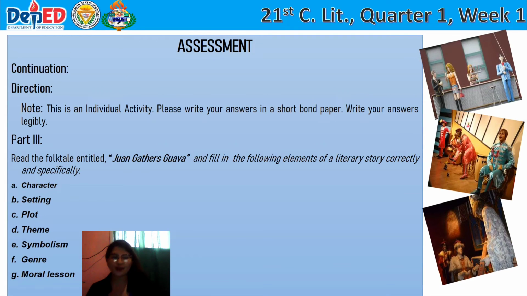What is the genre of the story? When you say genre, is it drama, comedy, tragicomedy? Is it farce? Is it romance? Or is it horror, suspense, or thriller? So, by merely understanding the story, you should be able to answer it also. And of course, don't forget to write your learning for the last item, the moral lesson of the story.